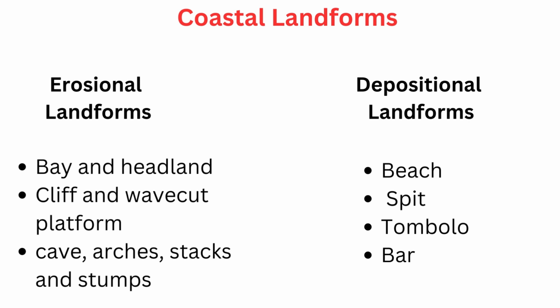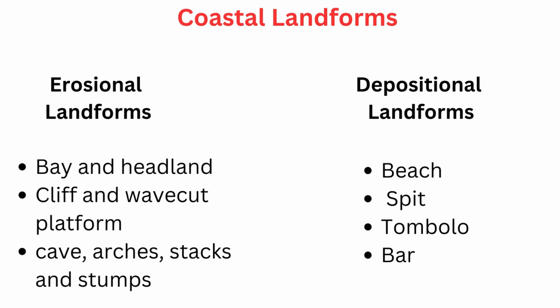All right. So even though waves play a role in the formation of delta, they are not the only factor that results in the formation of delta. So we don't usually place it under the category of coastal landforms.